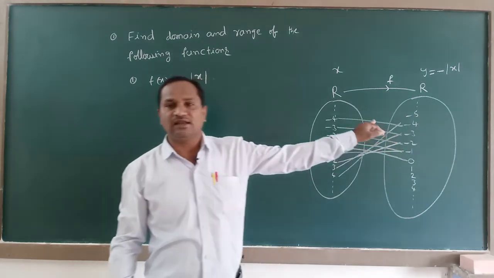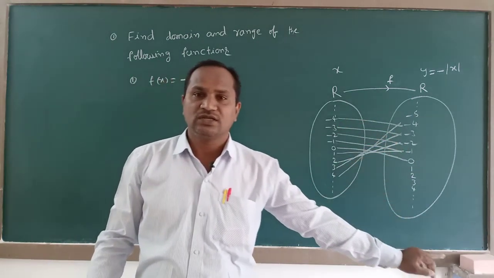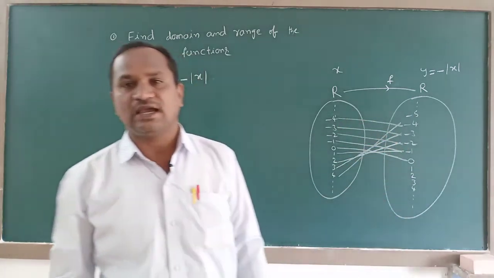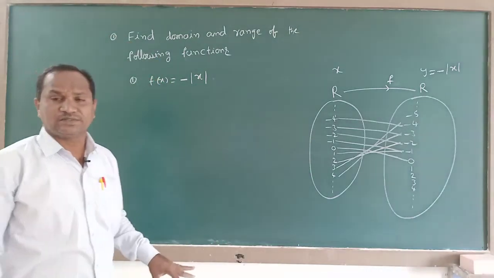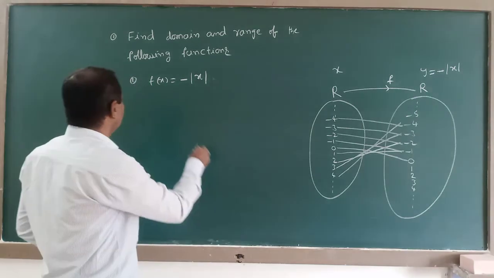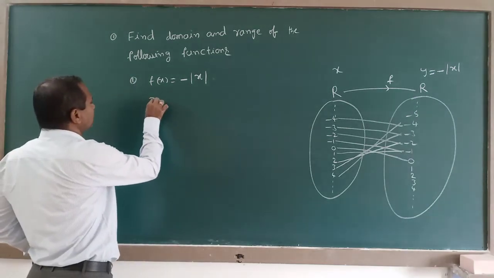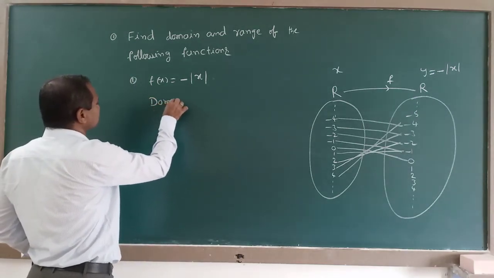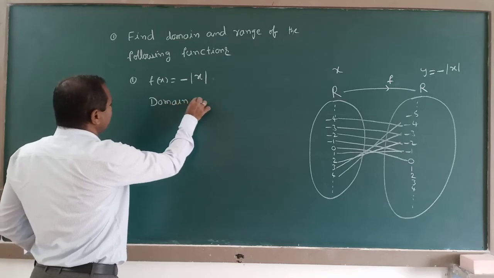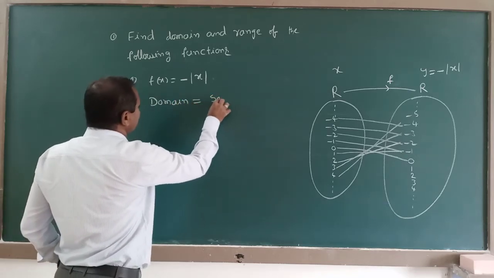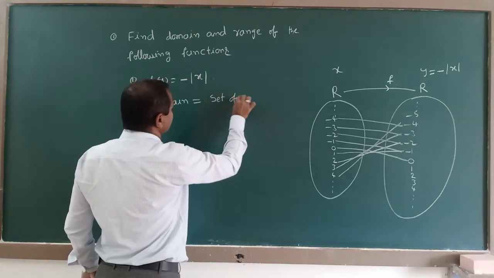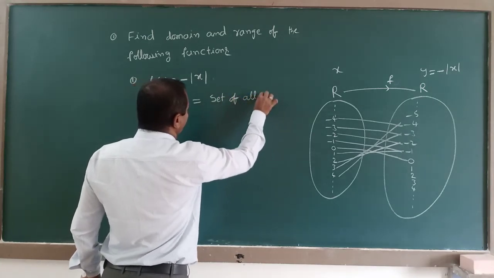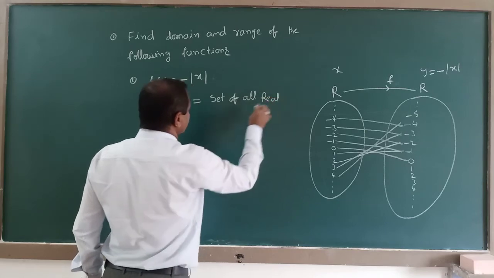That's what we can tell here, the range is equal to the set of all negative real numbers and 0. With the help of that diagrammatic representation we can write here, domain is equal to the set of all real numbers.